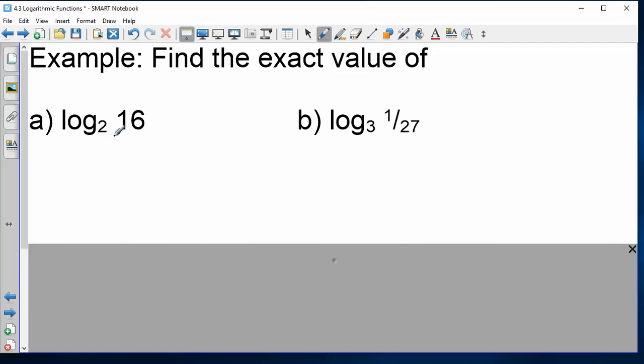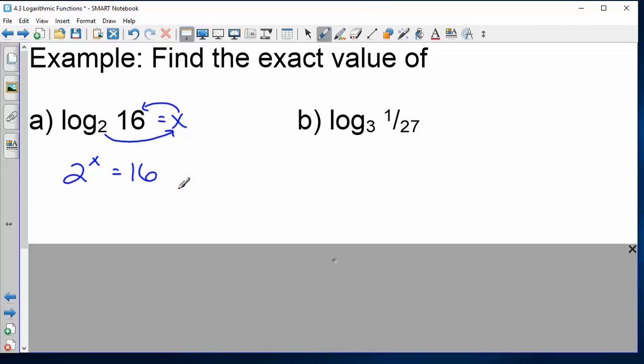Now let's say you can't just look at it and tell. Then you could set this equal to x. Then we can use our definition. This means 2 to the x power equals 16. Didn't we spend like 2 or 3 days last week solving these kinds of things?